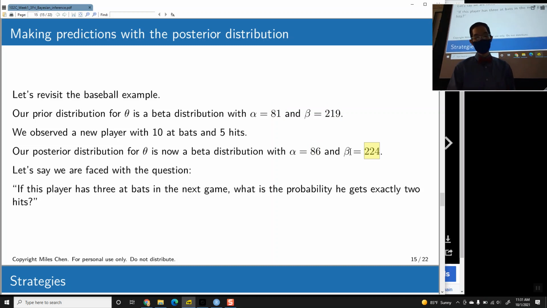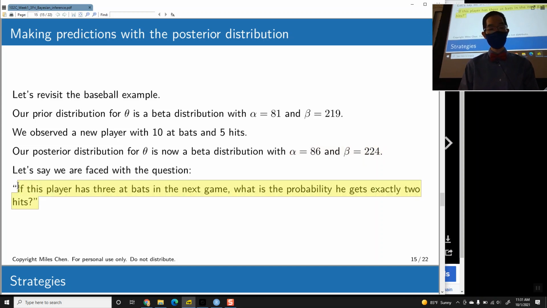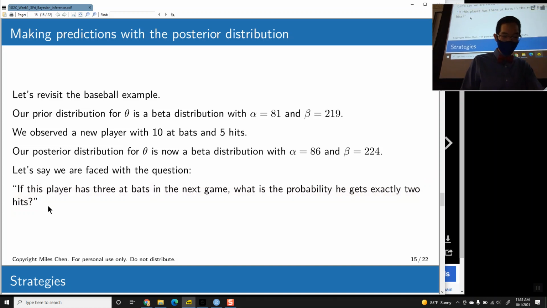So this is our posterior distribution, and let's say we ask this question. If this player has 3 at-bats in the next game, what's the probability he gets exactly 2 hits? This question is like a stats 10 question.